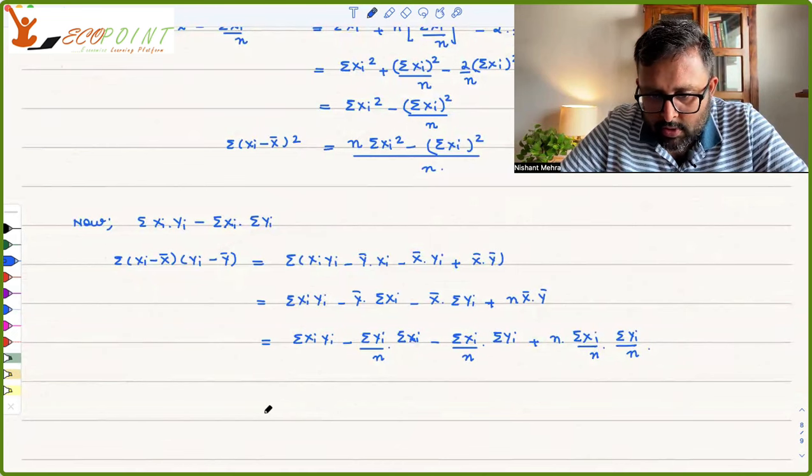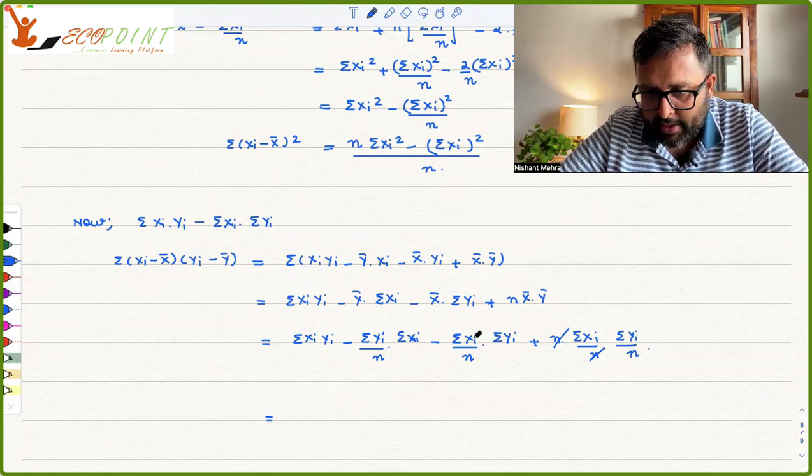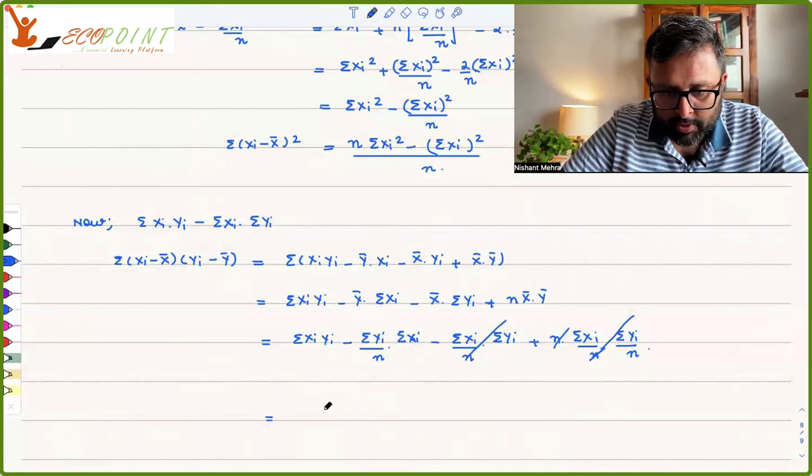So what can I do? Can we write it like this? One is cancelled. So you have summation of xi, summation of yi upon n. This is plus, and this is summation of xi into summation of yi upon n. This is minus. So this will get cancelled.